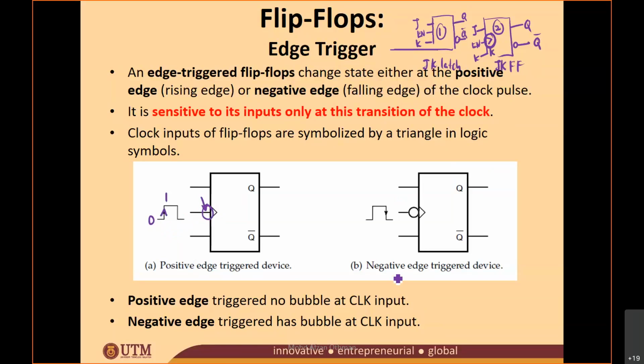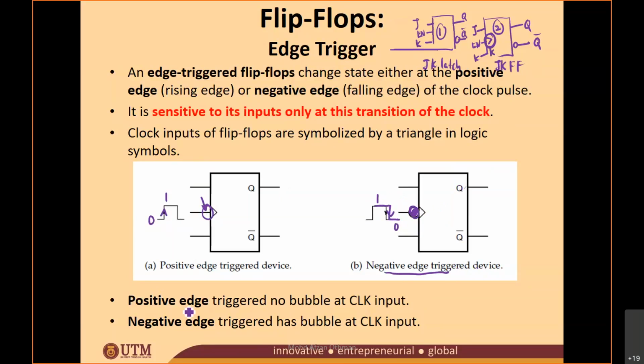While for the negative edge triggered, you see there is a bubble in front. So you know that one belongs to negative edge triggered, where the output Q changes when the clock source changes from high to low, which is a falling edge from 1 to 0.